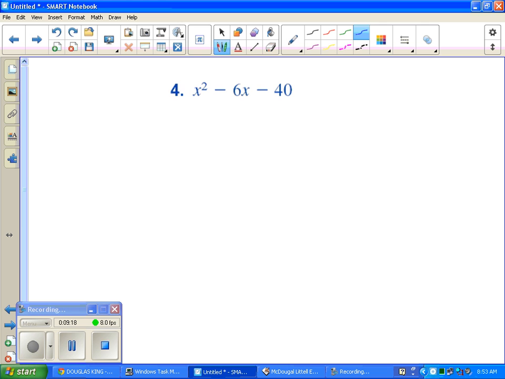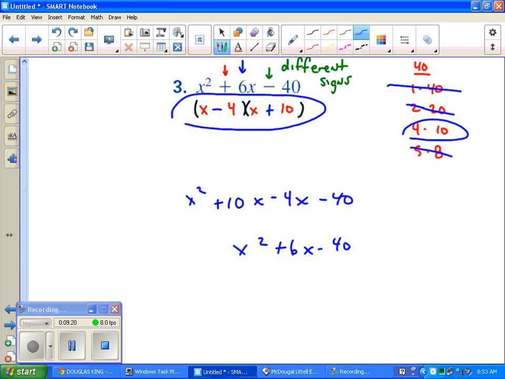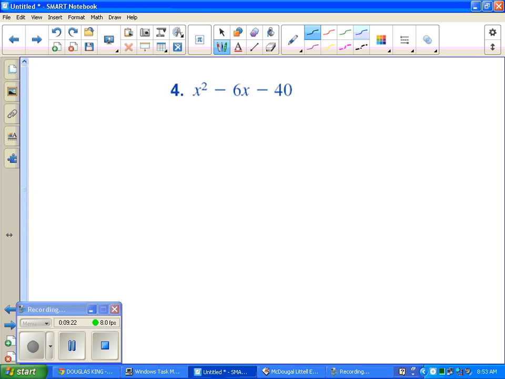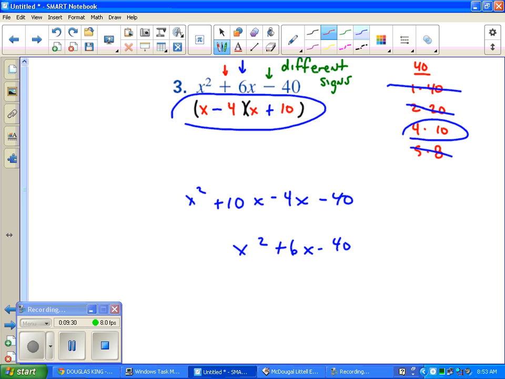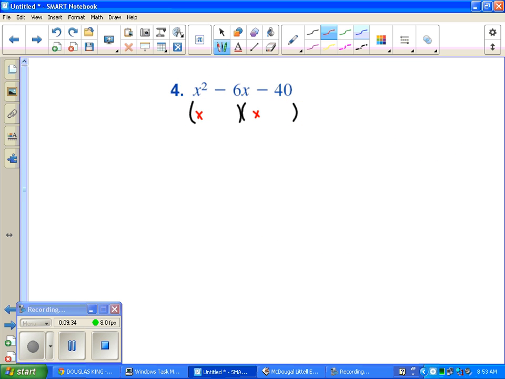Number 4, again, is almost like 3. So a lot of your legwork is done for you for this one, meaning we already factored out 40 a second ago. And we know to get to the number 6, we have to use the numbers 4 and 10. That's the only way to get to the number 6. So x 4 and x 10. We need to put in a plus or a minus now.